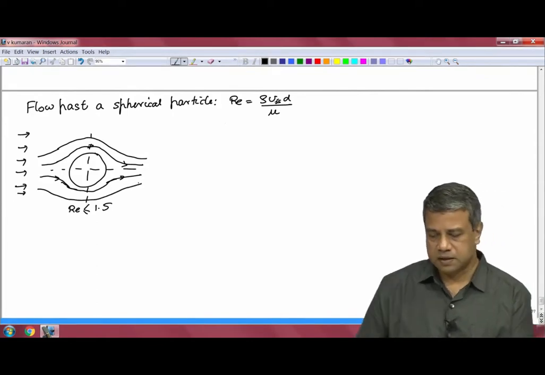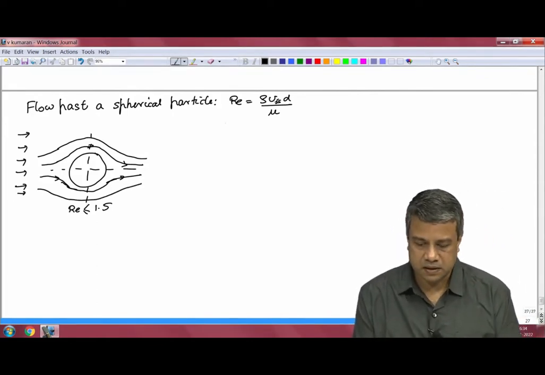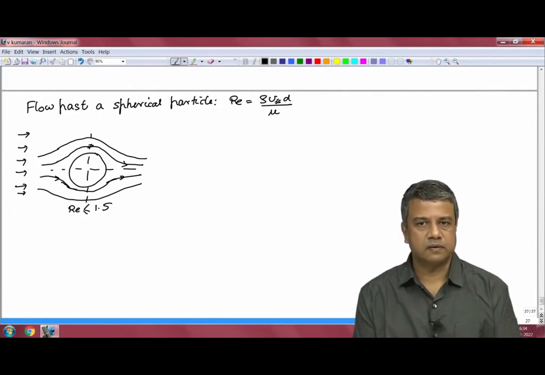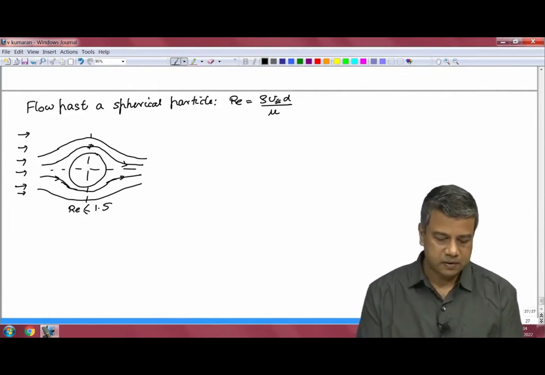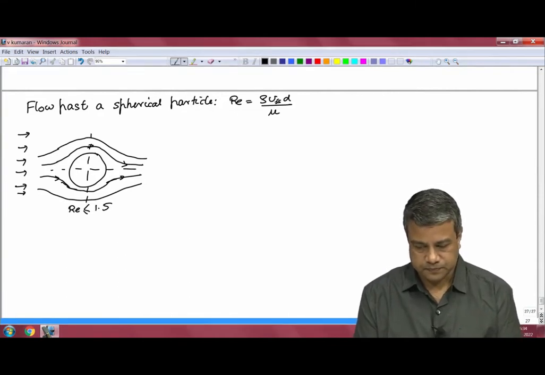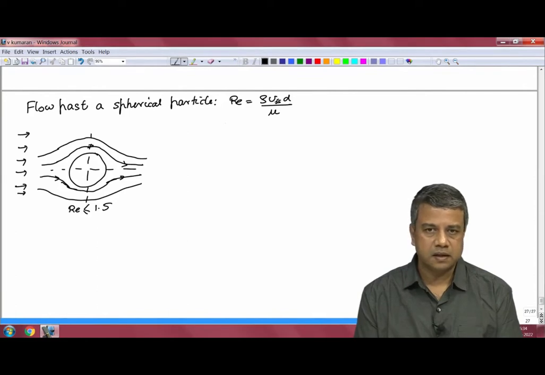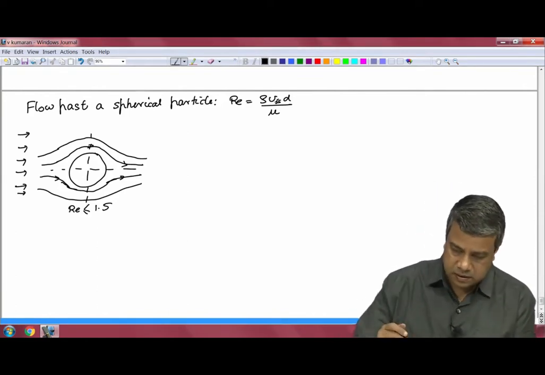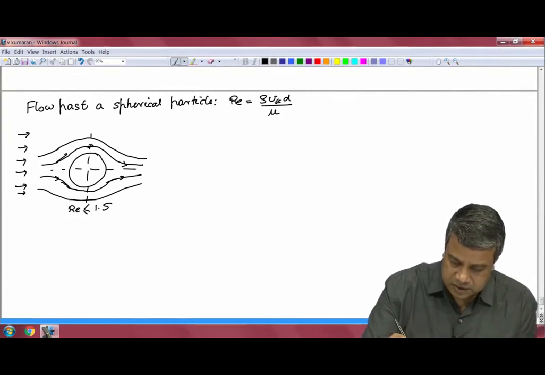This is what is classically called a laminar flow for the flow past a spherical particle, when the Reynolds number is less than about 1.5. So, if you take the velocity at some upstream location, the velocity is in this direction.